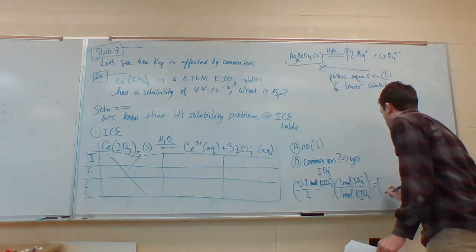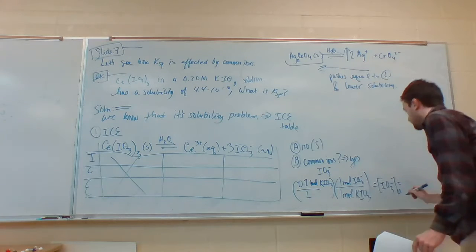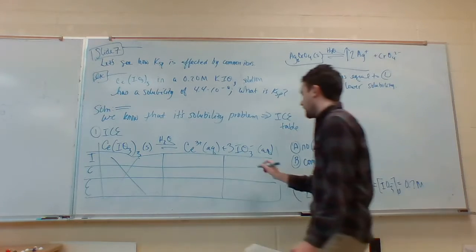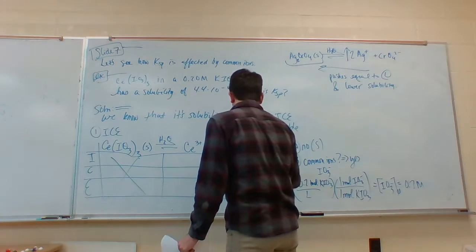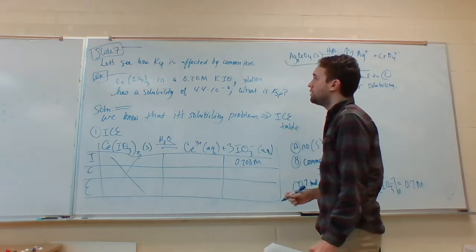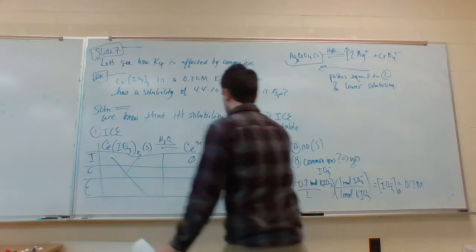Okay, so that means that our initial concentration of iodate ion is going to be 0.2 molar. Okay. And we haven't added any of our cerium yet, because this hasn't dissolved any yet. Okay, so there's going to be 0.